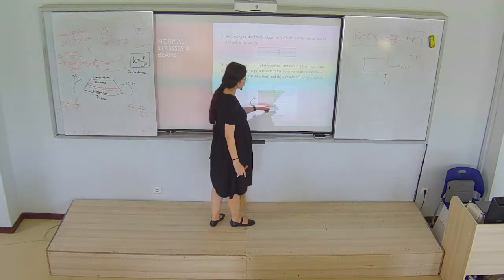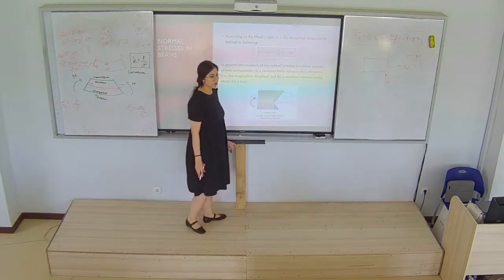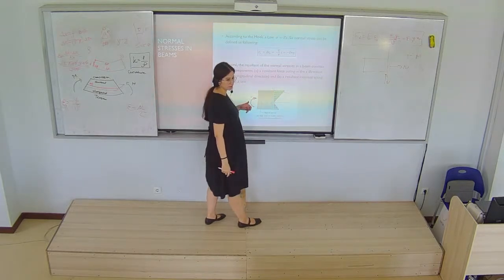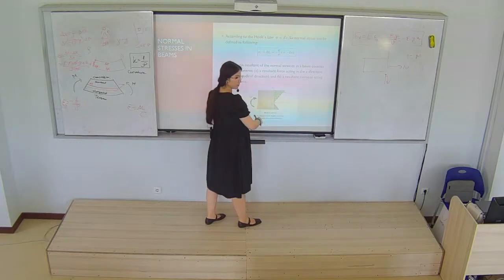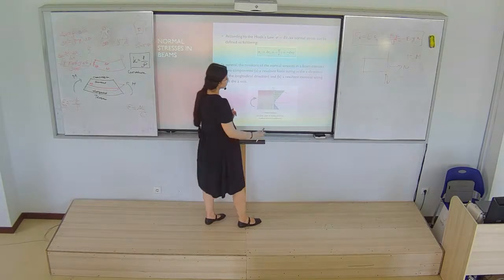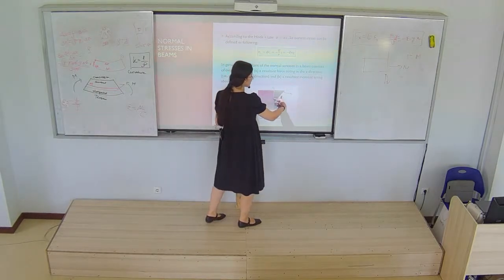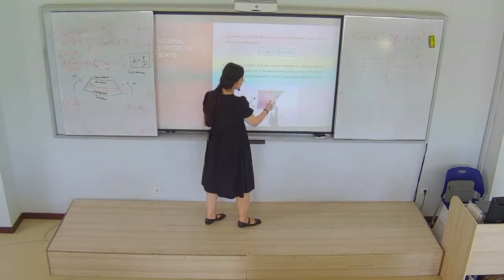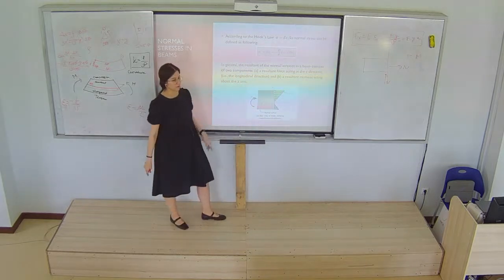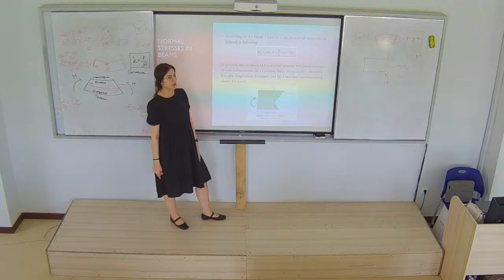Why is stress going outside? Because when the moment is acting in this direction, the inside part is being compressed. The bottom part will be in tension. That's why our stresses are directed inside in this part, and the blue color stresses are outside. It means that if it's in compression, our stress will be minus.